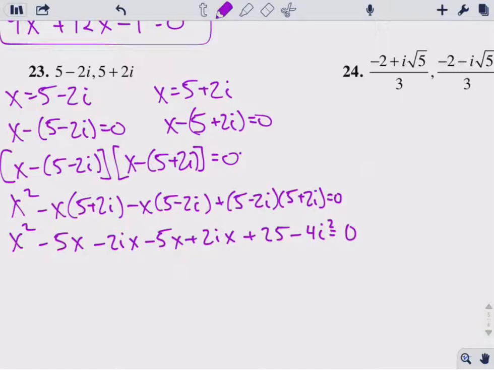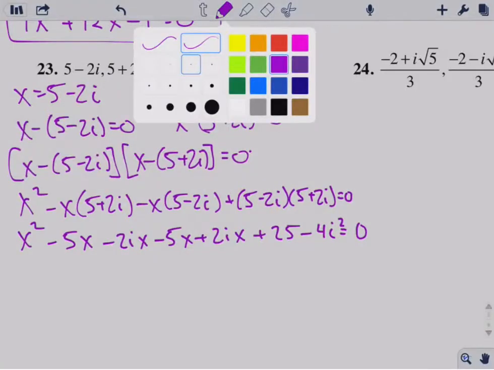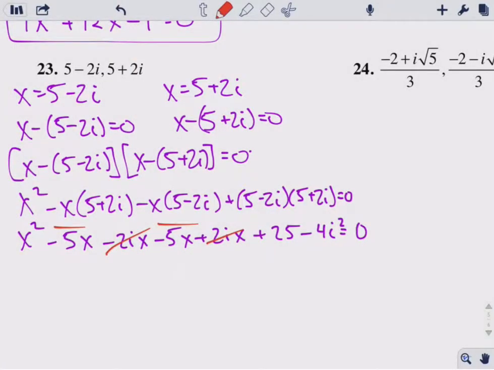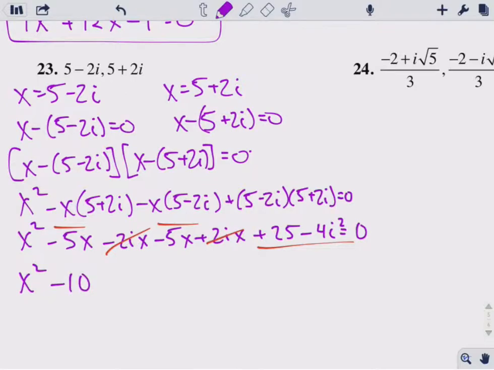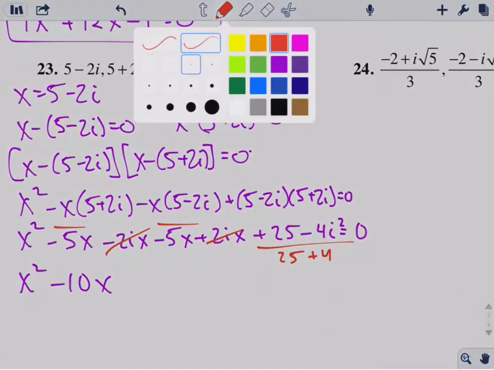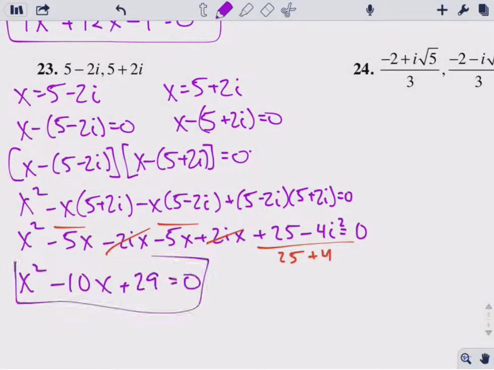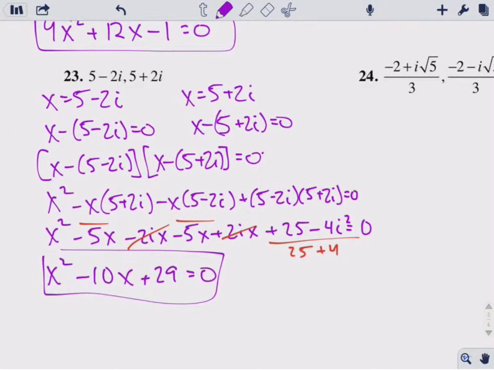Combine what you can combine. Negative 5x, negative 5x, and then this stuff actually combines. X squared minus 10x. I squared is negative 1, so this is 25 plus 4. So that's plus 29 is equal to 0. And there's your answer for that one.